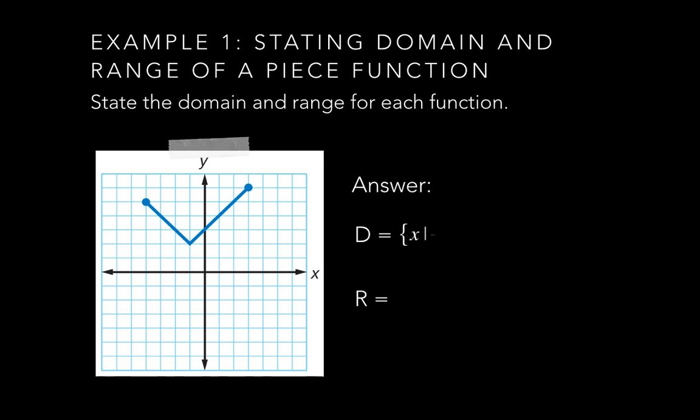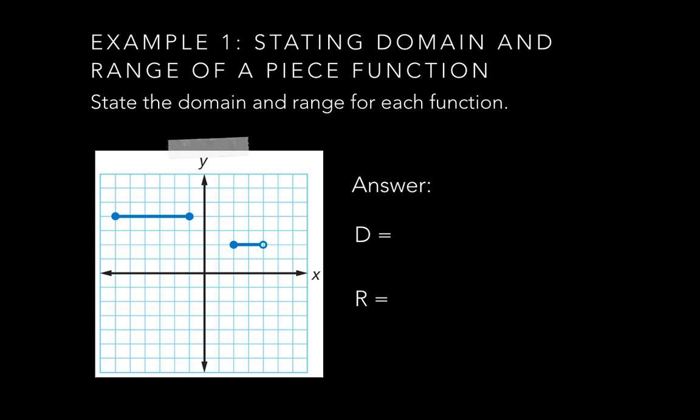Well, it looks like it gets started at -4 and goes all the way to 3, and it includes those values, so we have to put the equal to under our inequalities. For the range, you're scanning vertically. The lowest value we have is 2, and the highest value it goes to is 6. And we include both of those points because the circles there are closed in.